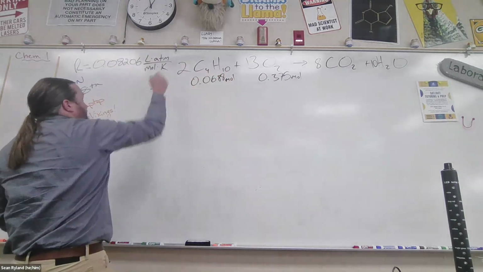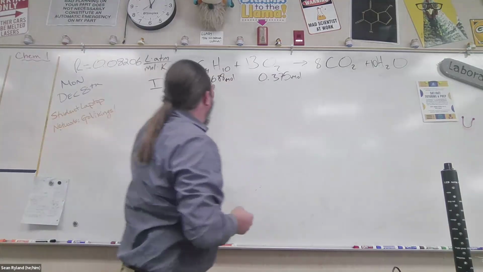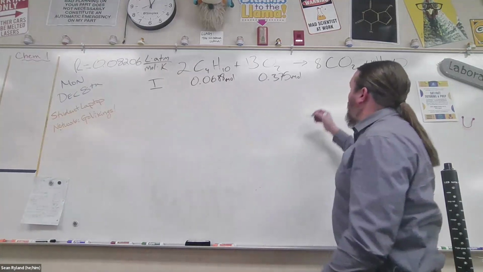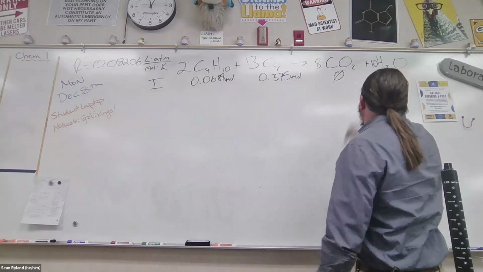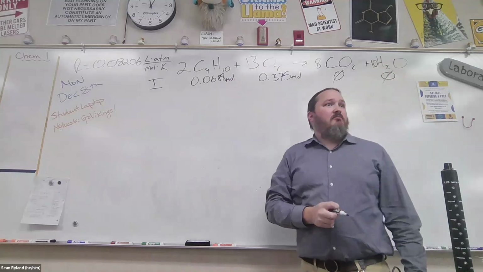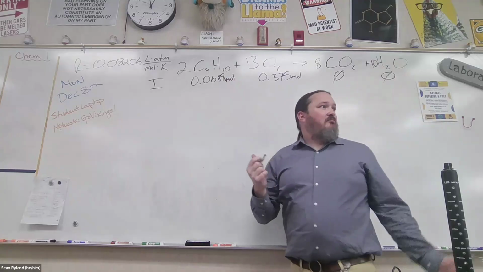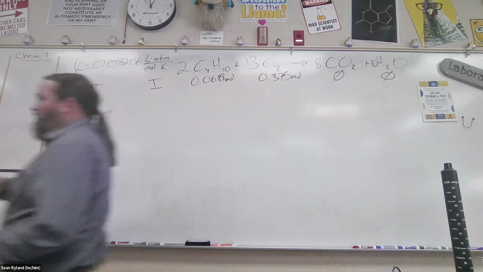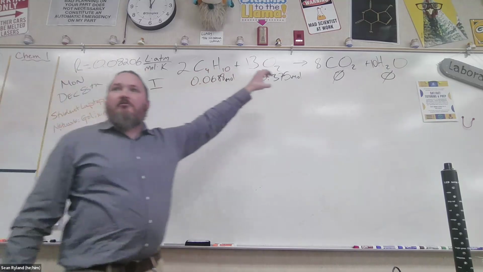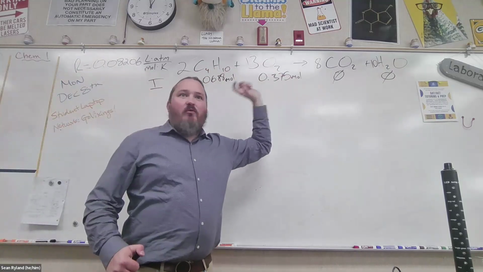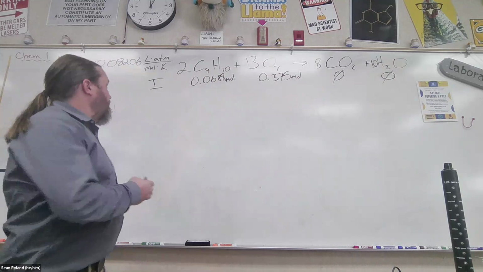So our initial conditions is what we start with: 0.0688 moles, 0.375 moles, 0 moles, and 0 moles. Everybody with me? All I did was take what we wrote in our first column in this table and just transpose it sideways so we can write it underneath the chemical reaction. So it's just a different way of arranging the numbers.